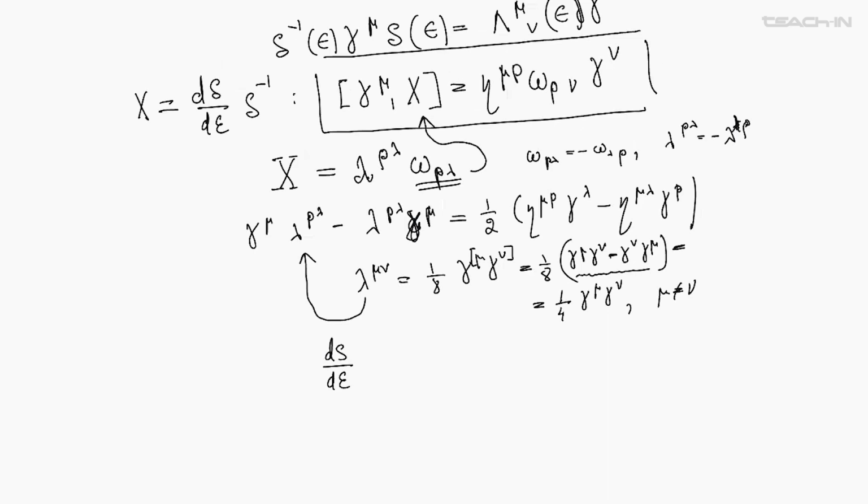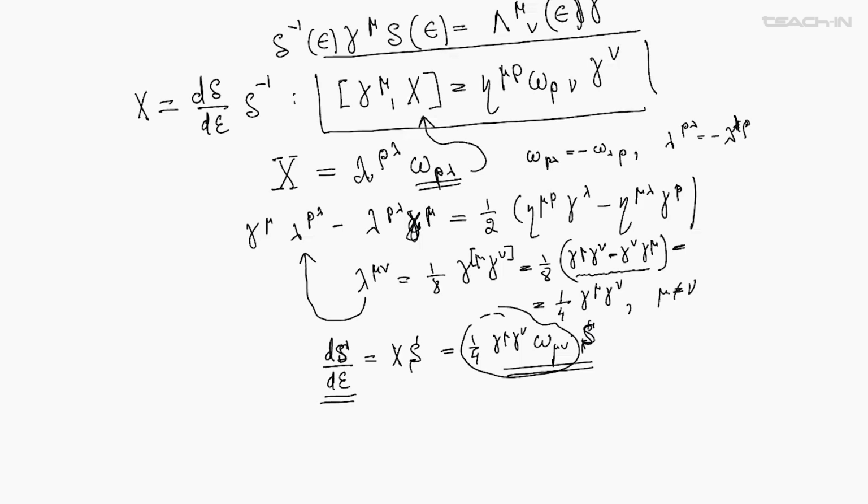We said that this is 1/4 gamma mu gamma nu omega mu nu multiplied with S. And this is an explicit differential equation, where the right-hand side is a product of a 4x4 matrix, because gamma nu is a 4x4 matrix, multiplied with matrix S, equal to the derivative dS over d epsilon.